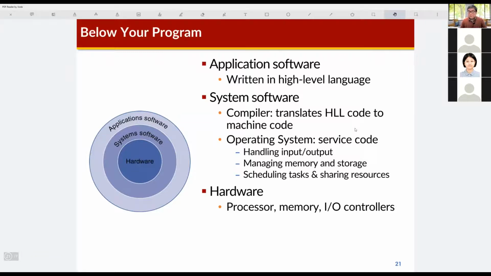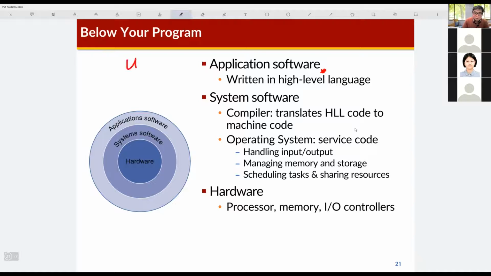What are examples of software? They are applications such as office programs or games running on our computer or smartphone. Those are software, and they are called application software.